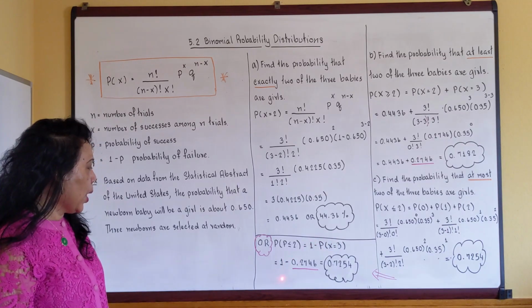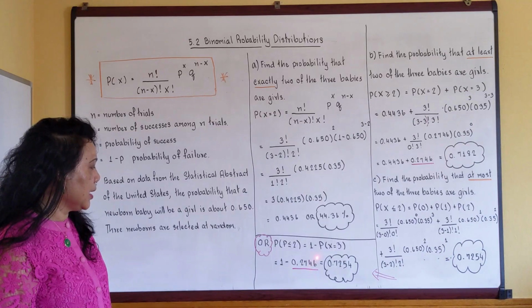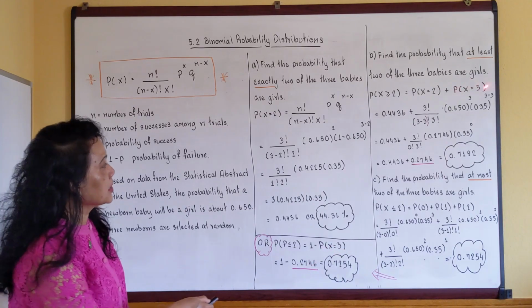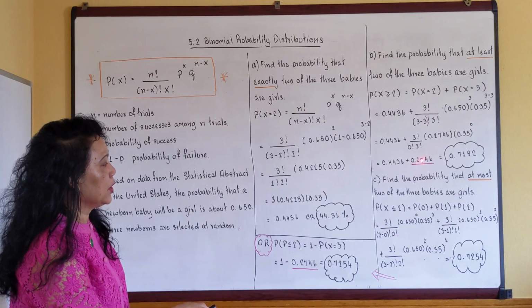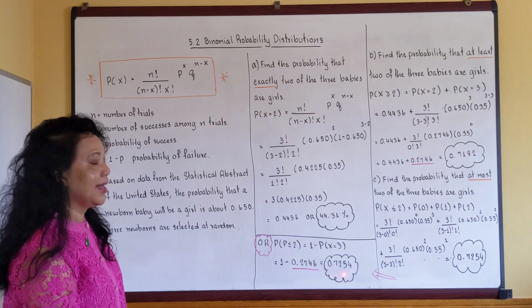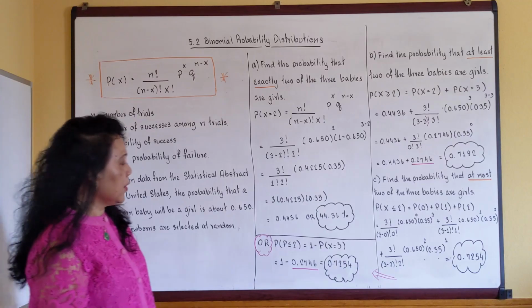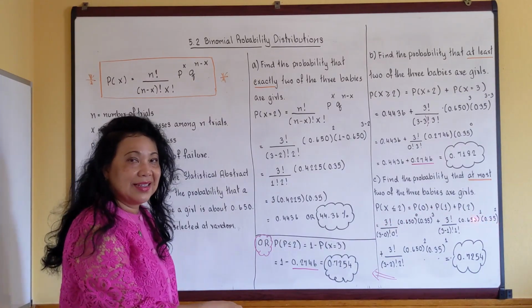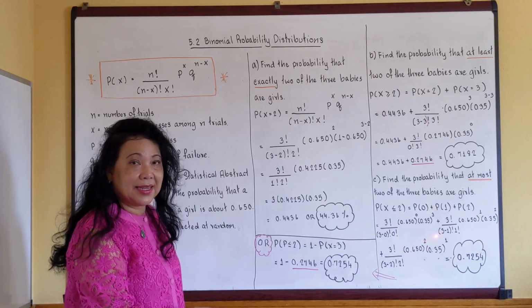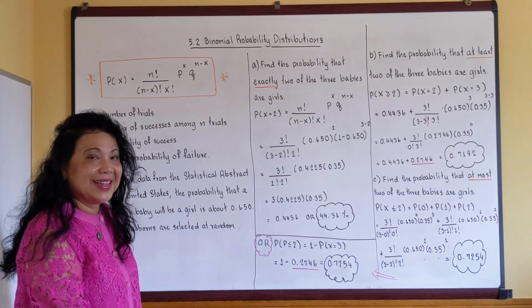So you're going to do 1 minus P of x equal to 3. I did x equal to 3 here, so I will not do it again. It's 0.2746. So if you don't understand this, it's okay to do it 3 times. That's easier for understanding, but it's a lot of work.